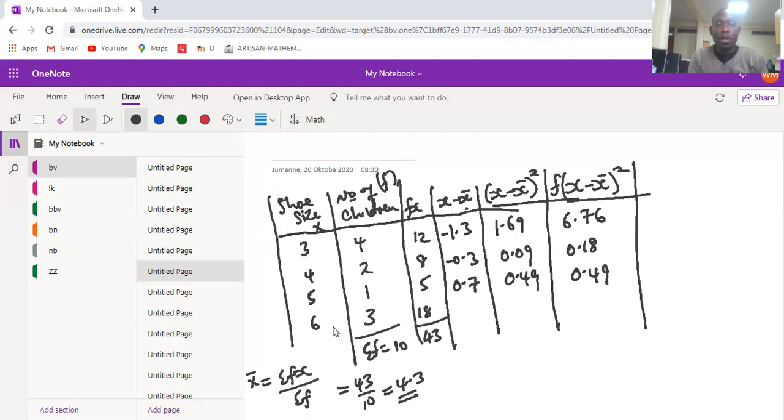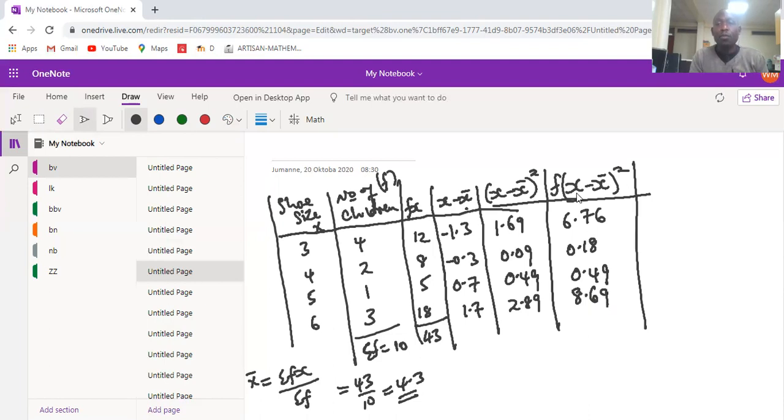You come here, our x is 6 minus x bar. You get it is 1.7. You square that. You get it is 2.89. Then you multiply by f, which is 3. You get it is 8.69.